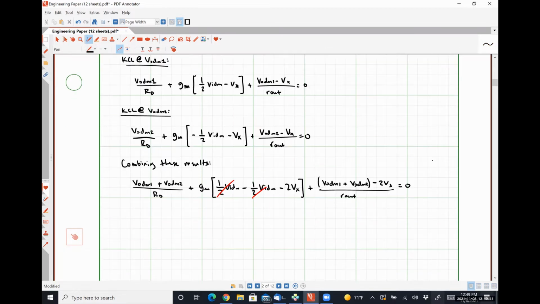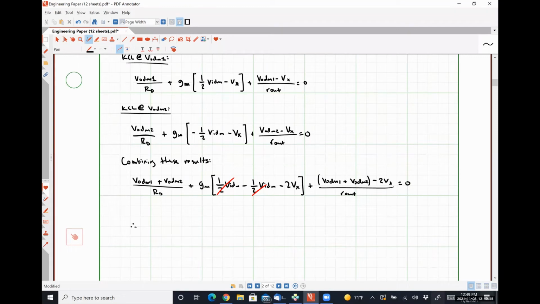And with a little bit of algebraic manipulation, this winds up giving me (VODM1 plus VODM2) multiplied by a factor of 1 over RD plus 1 over R out is equal to 2 GMVX plus 2VX over R out.